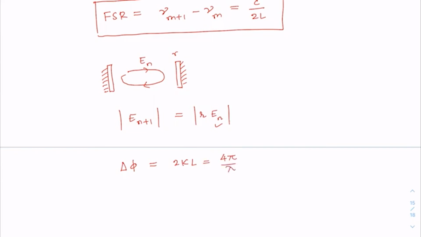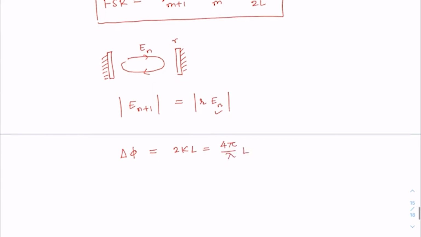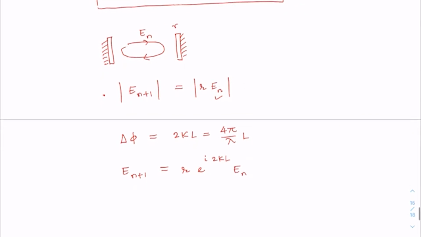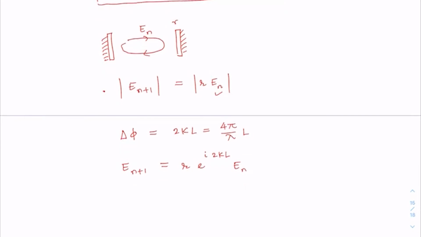Therefore the electric field after the n plus 1th round trip, now here I have written the magnitude, so if I take phase also into account, then it would be R e to the power i 2kL times En. So this is what we are going to get.